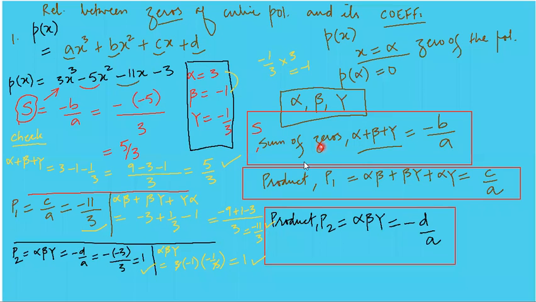So once again, the sum of zeros is minus B by A, product P1 is C by A, and product P2 is minus D by A. Do you know, students, that if you know this S, P1 and P2, you can even form the polynomial? So you do some research on this. How can you do that? All right. Wish you all the best, students.